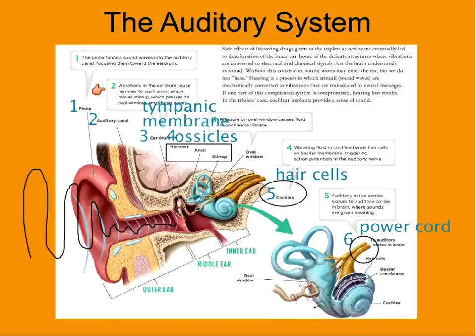Vibrations in the eardrum cause those ossicles to press on the oval window. Pressure on the oval window causes the fluid in the cochlea, this endolymph, to vibrate. The vibrating fluid in the cochlea bends those hair cells, triggering action potentials. The auditory nerve then carries the information to the auditory cortex in your temporal lobes, where sounds are given meaning.